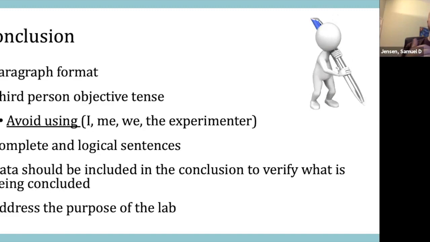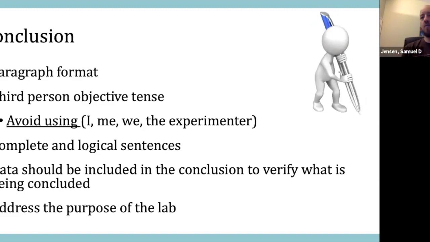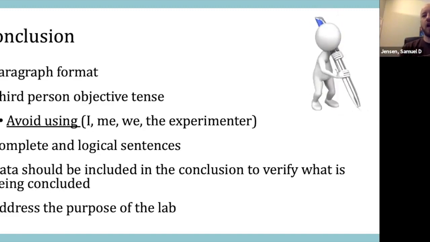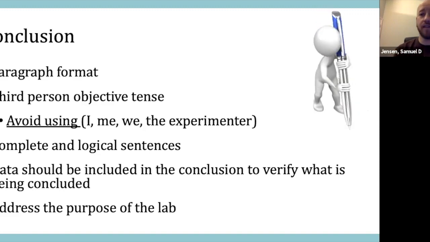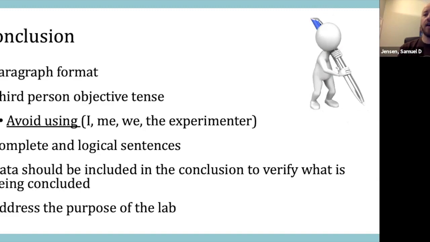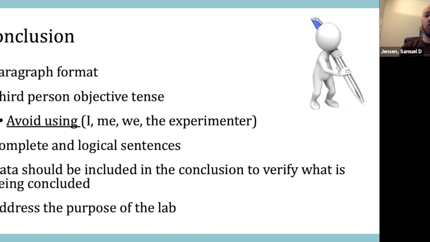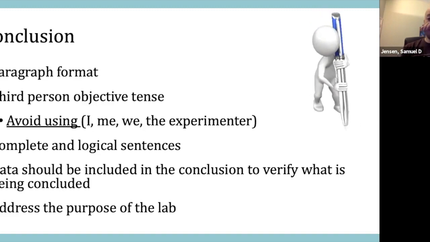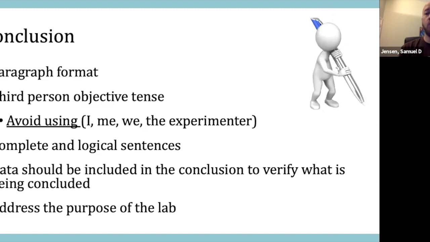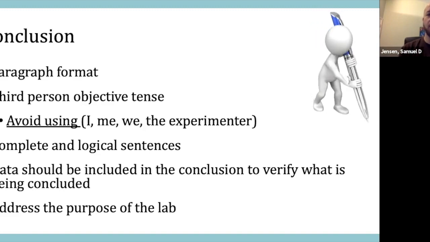So we want to make it more objective by removing ourselves from the writing, okay? We should be writing in complete sentences, okay? I don't want bullets, I don't want fragments, okay? This should be well-written, constructed sentences. Okay, your conclusion should focus on what was the purpose of doing the experiment.